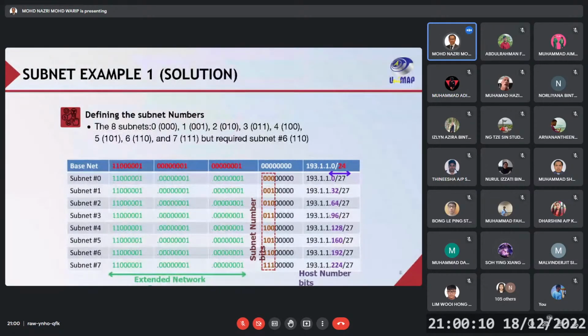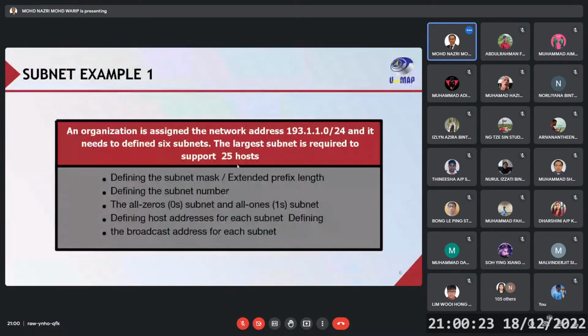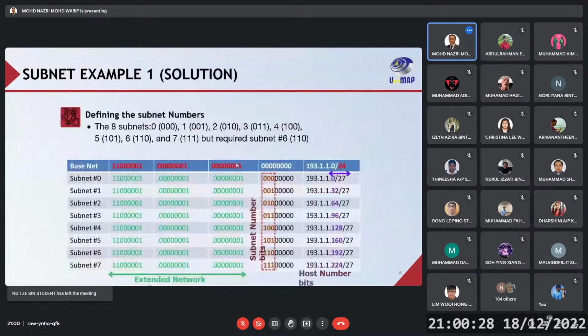Yes. Good. Because the company requires more than 25 hosts. So that means we comply with the requirement of the company. We need to have at least 25 hosts or 25 PCs. Other than that, 32 minus 25.